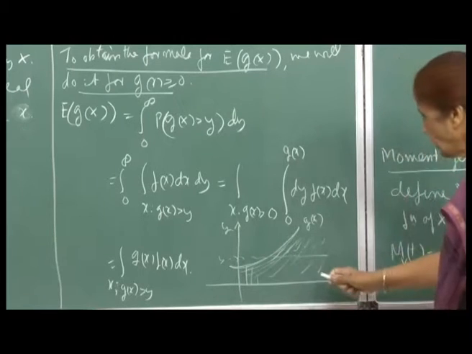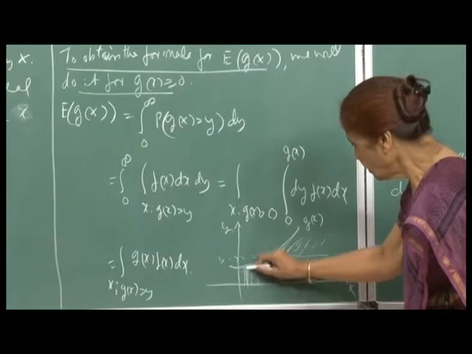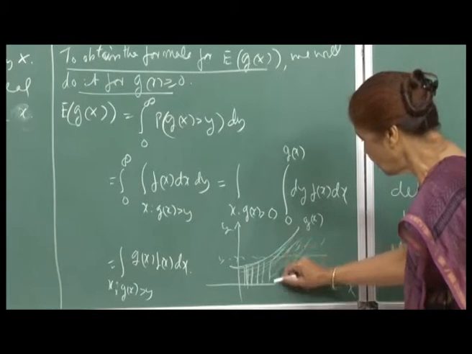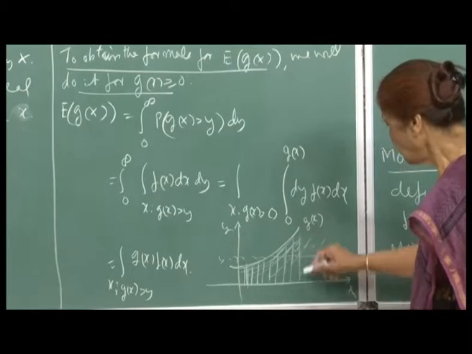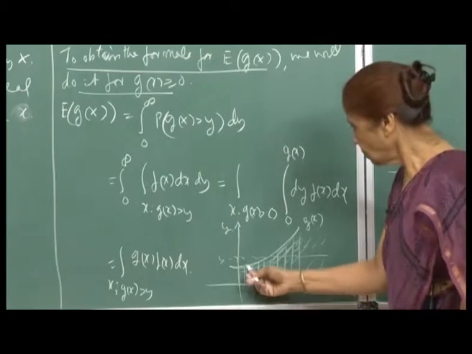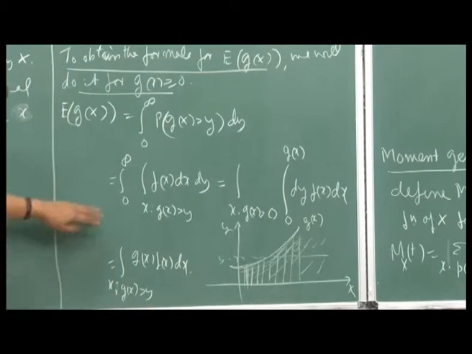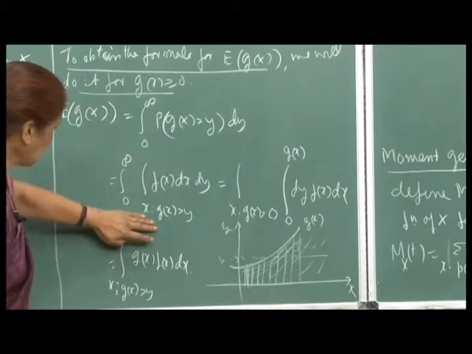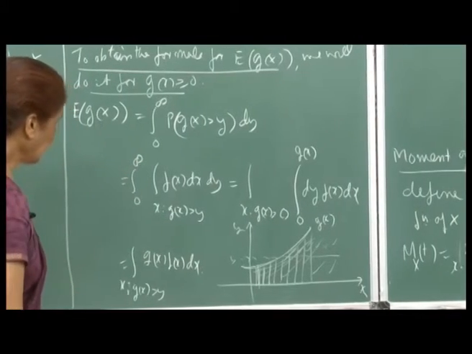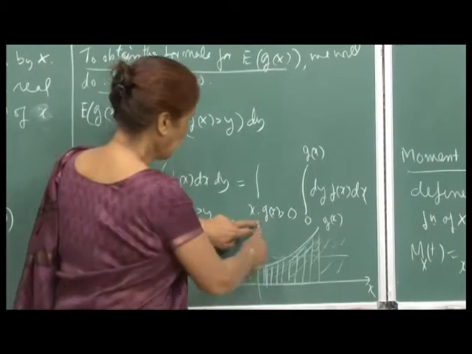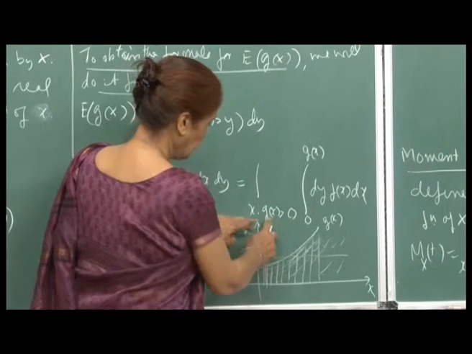Then I can always change the order of integration. I can integrate in this way. So, that means here it will be 0 to g(x). First of all from here I come here, 0 to infinity, then from here I come to x where g(x) greater than 0, right.